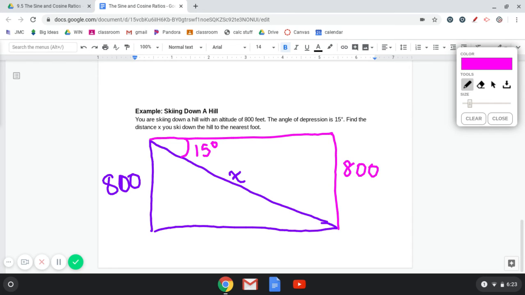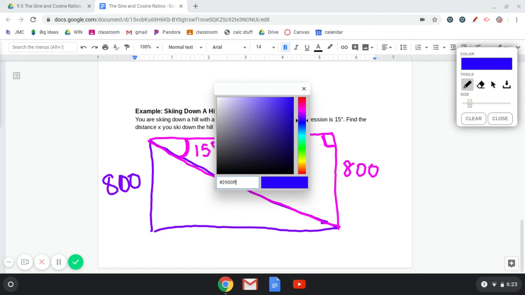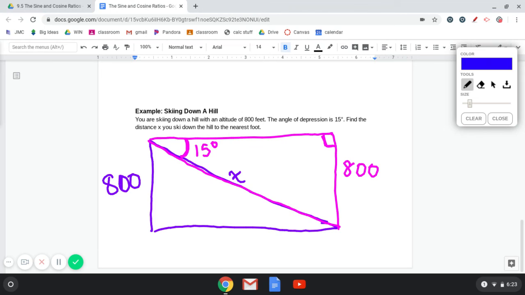So now let's take a look at this pink triangle with the right angle up here. Okay, so let's say this 15 degrees is our reference angle. Let's label our sides. So this is the adjacent side, this 800 is the opposite side, and this x is the hypotenuse.